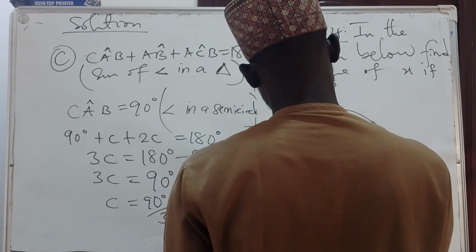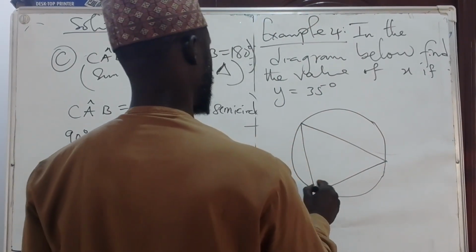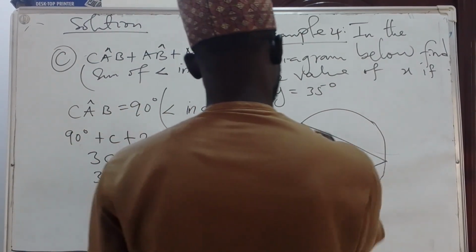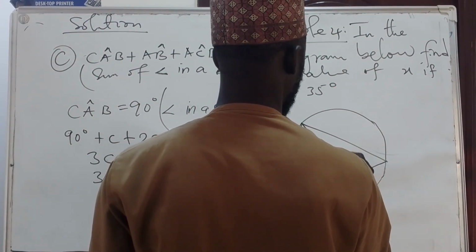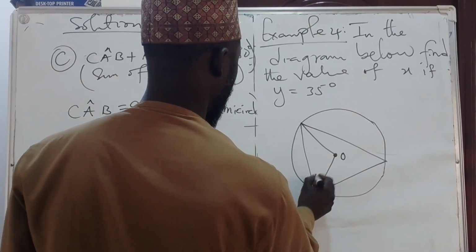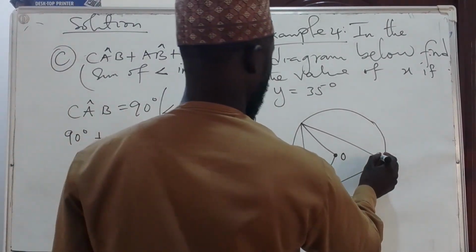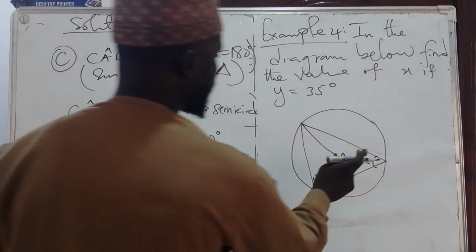This is the diagram. O is the center of the circle, here is y, and here is x. We are asked to find the value of x.